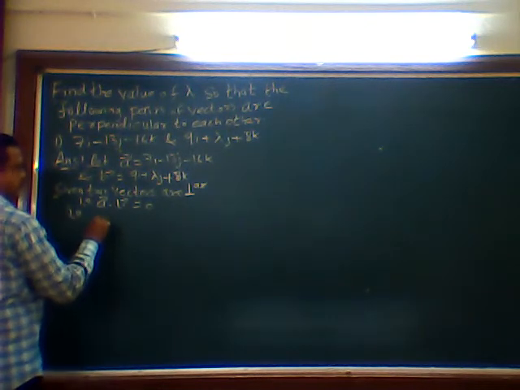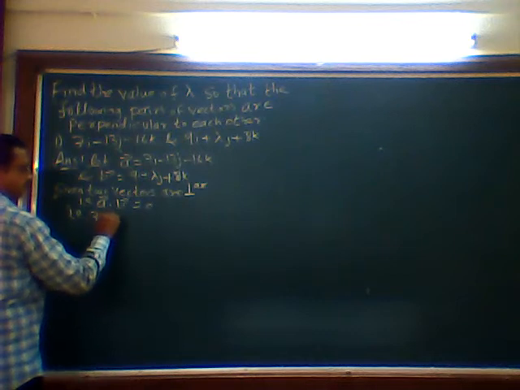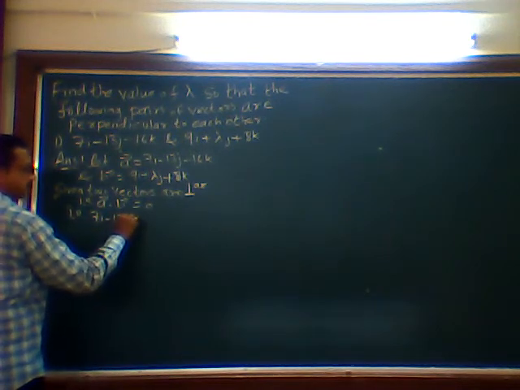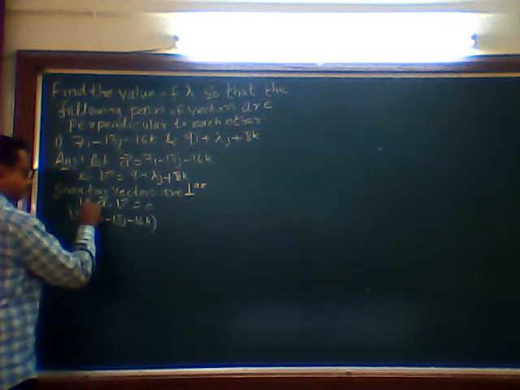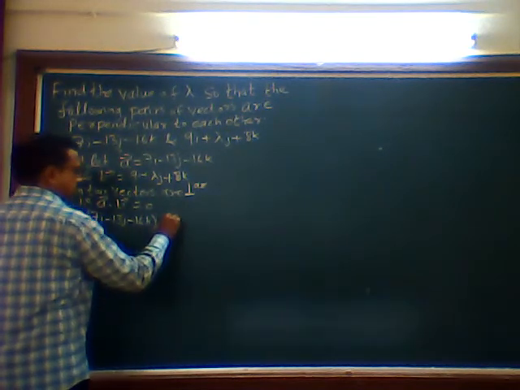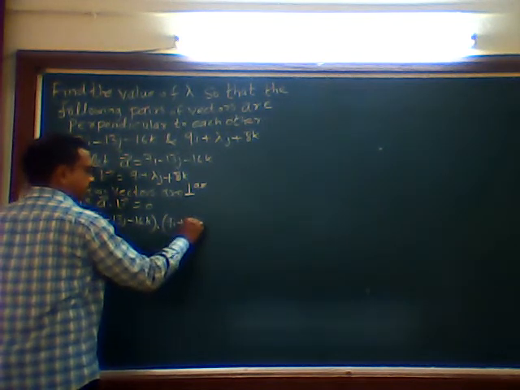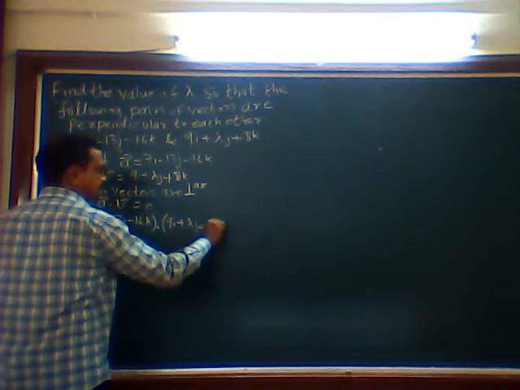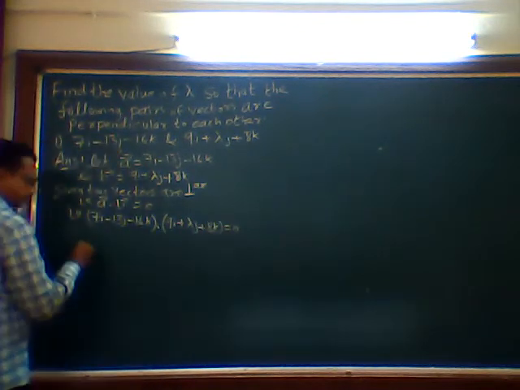That is, what is a bar? 7i minus 13j minus 16k dot 9i plus lambda j plus 8k is equal to 0.